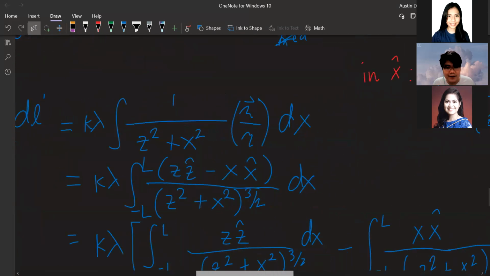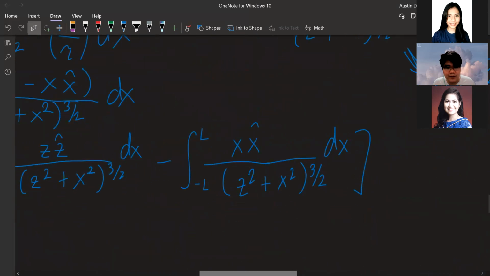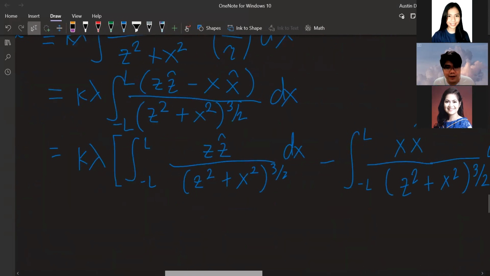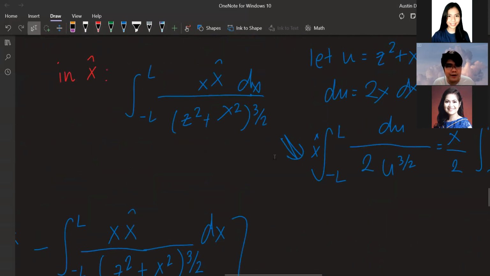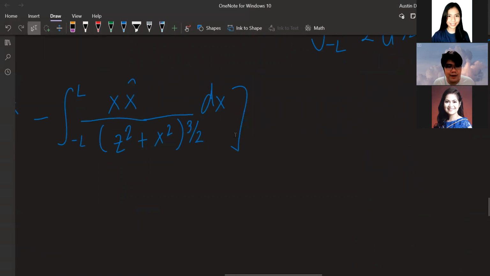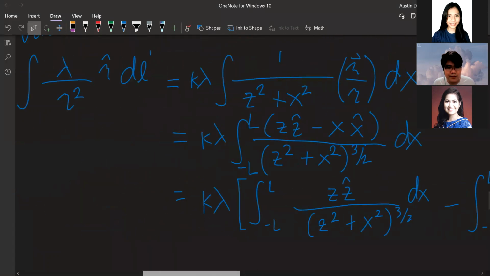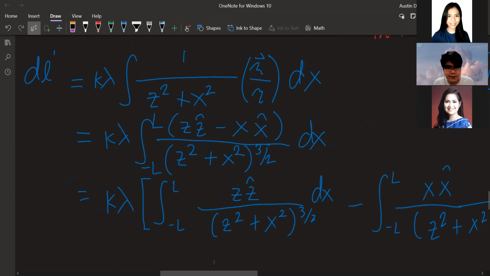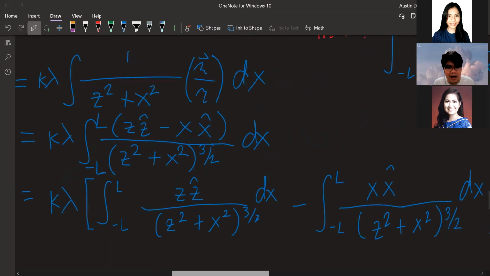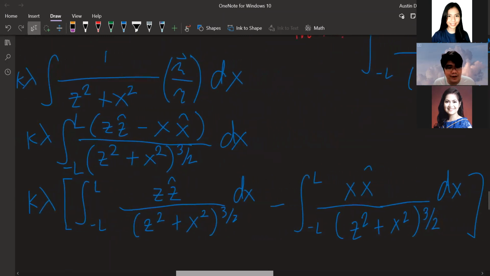And what's left is actually solving, sinolve natin yung x hat. So solve natin yung itong first term natin. So, may nakakaalam pa ba kung paano mag-solve nitong first term natin?